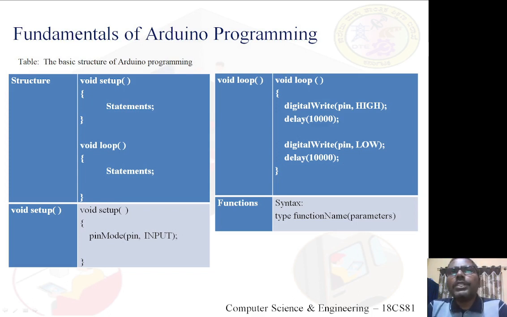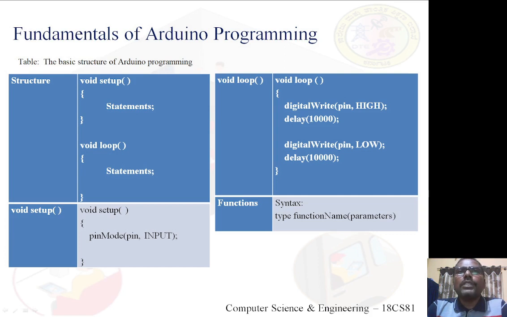The setup function is usually used to initialize and configure the microcontroller. Among the 14 digital I/O pins, suppose I want to use some pins for input and some pins for output. I need to specify that in the setup function. Got it?